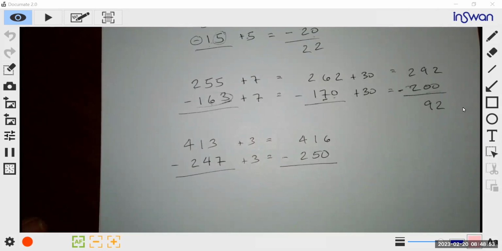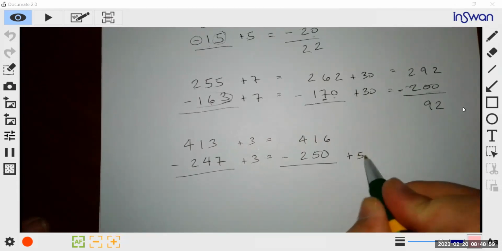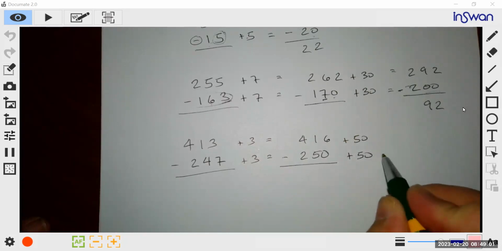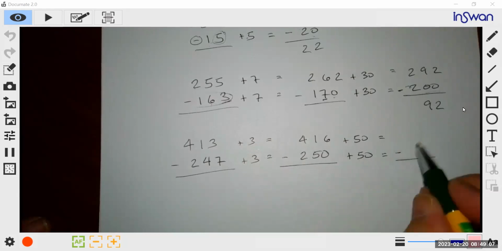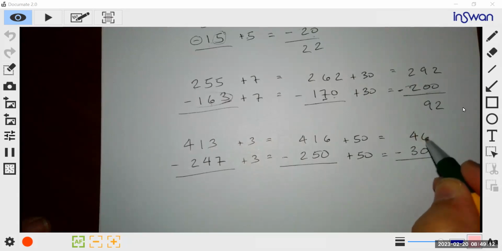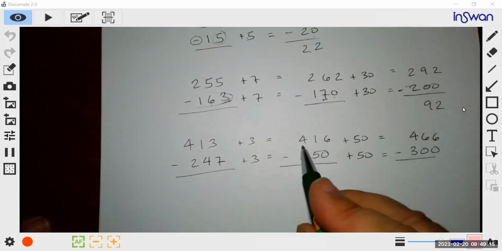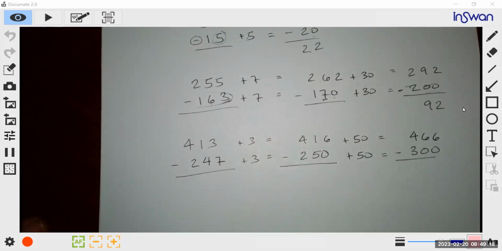Then 50. So 250 plus 50 is 300. And then 416 plus 50 is 466. So it's 6. 4 minus 3 is 1. So the difference is 166.